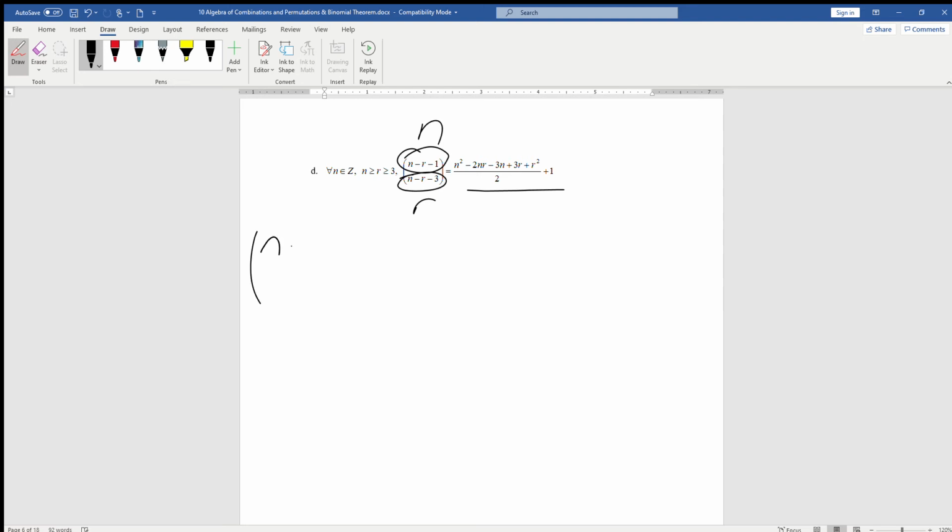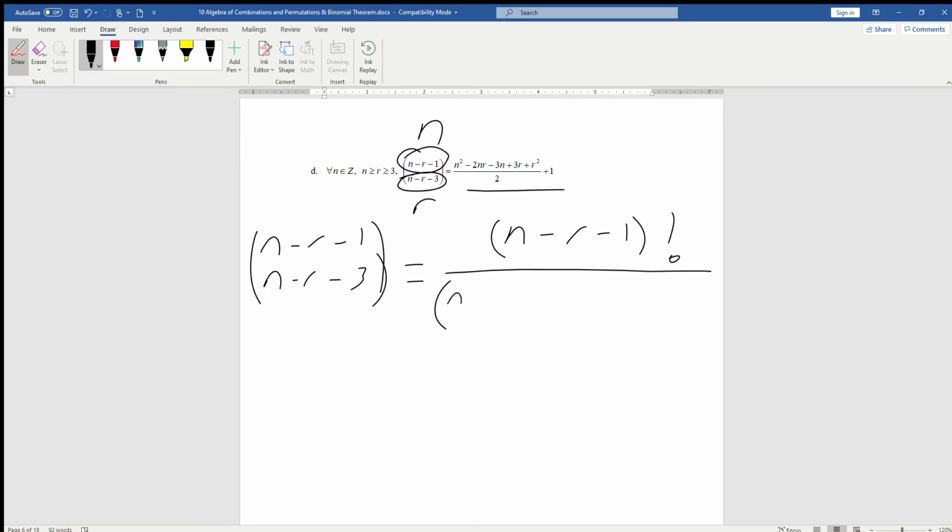So n minus r minus 1 combination n minus r minus 3 is going to be equal to n minus r minus 1 factorial on top, divided by n minus r minus 3 factorial, and then we take the difference of the two: n minus r minus 1 minus n minus r minus 3, and a factorial for that.